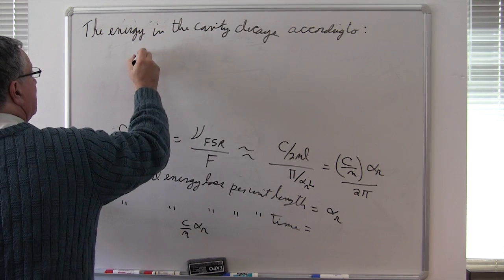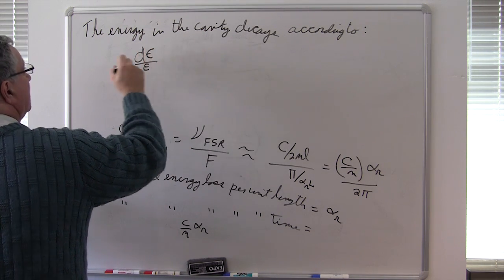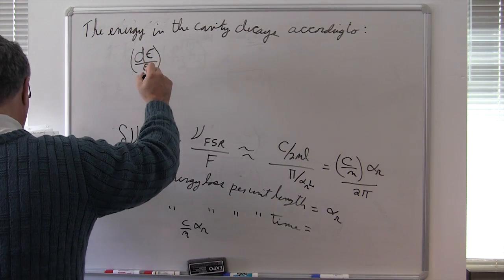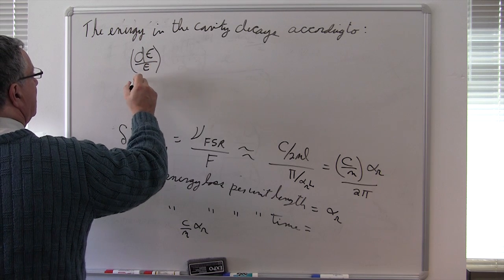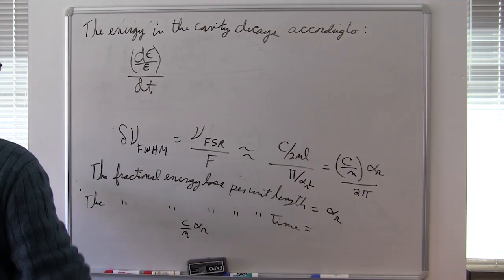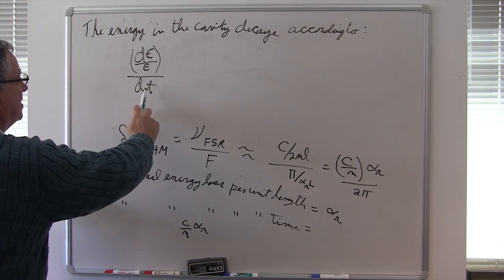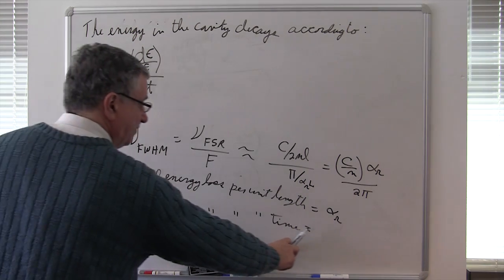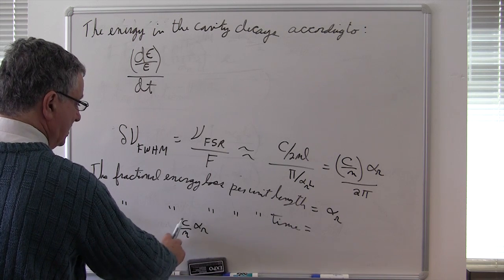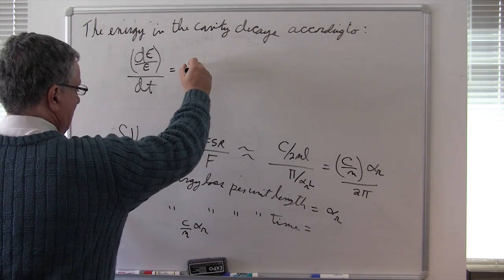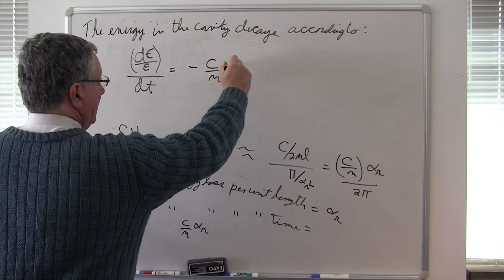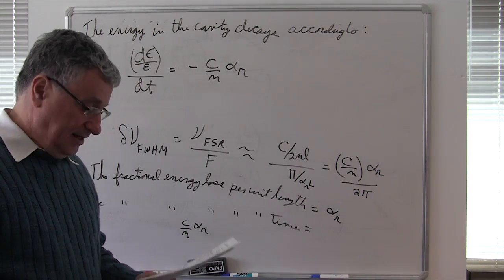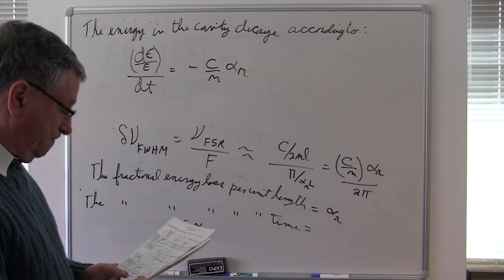And the following equation says dE over E, so that's the fractional energy loss per unit of time. Here, if you divide by dt, it is per unit of time. And we've seen that the fractional energy loss per unit of time should be equal to c over n alpha r. So I can write this as minus c over n alpha r. It's a minus here because the energy is decaying inside the cavity. Okay?